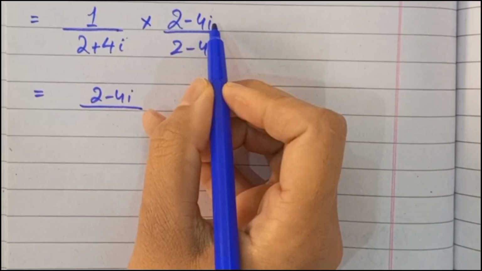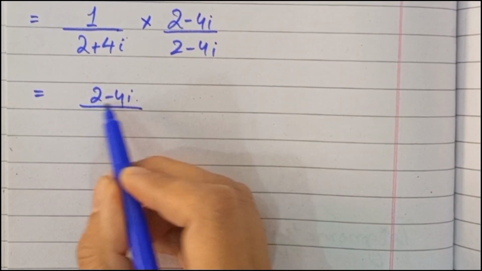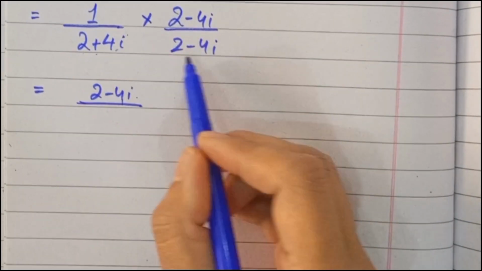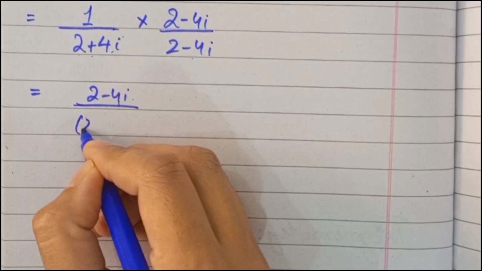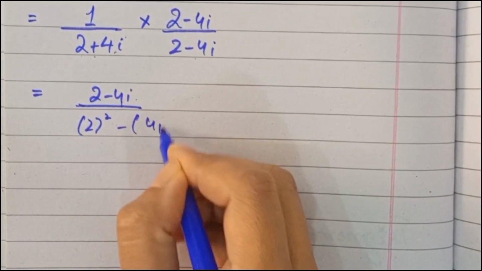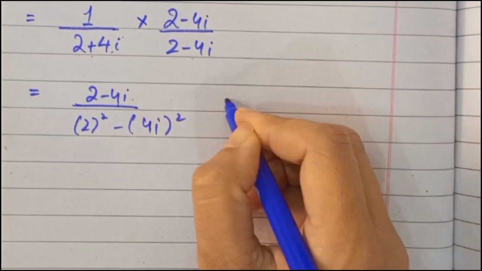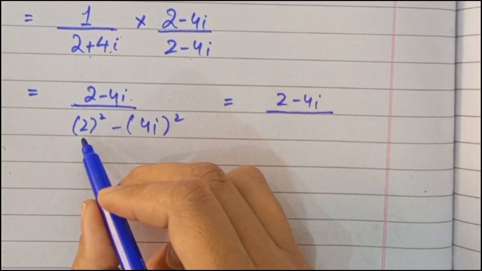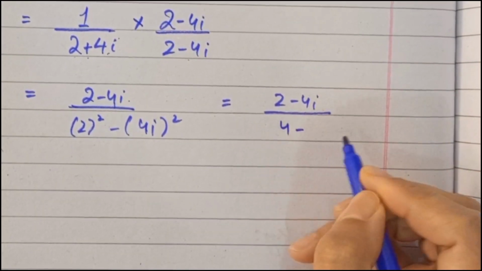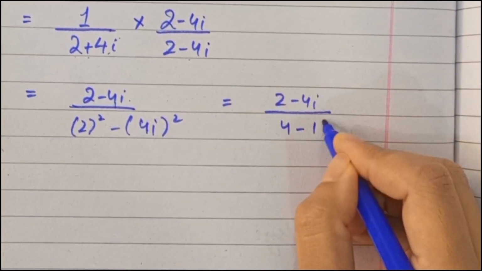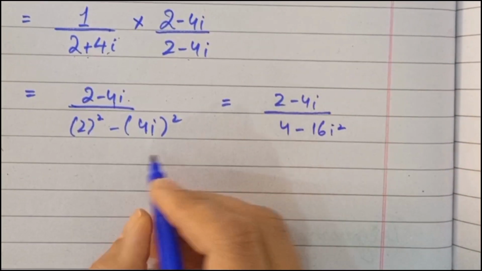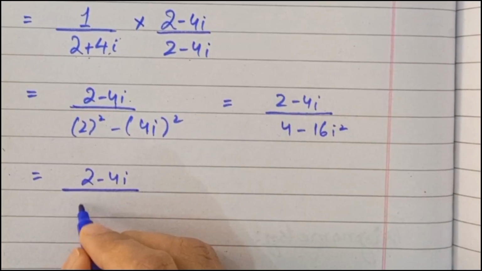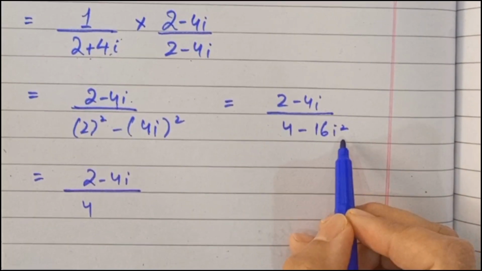When 1 is multiplied with 2 minus 4i, the resultant will be 2 minus 4i. In the denominator, as we have a plus b, a minus b form, we will change it into a square minus b square. 2 square is 4, minus 4 4s are 16 i square. i square is always equal to minus 1.